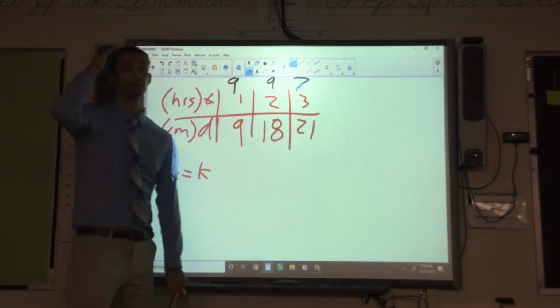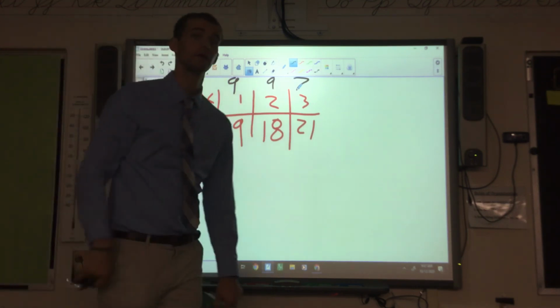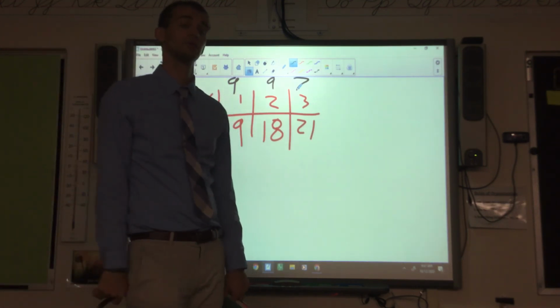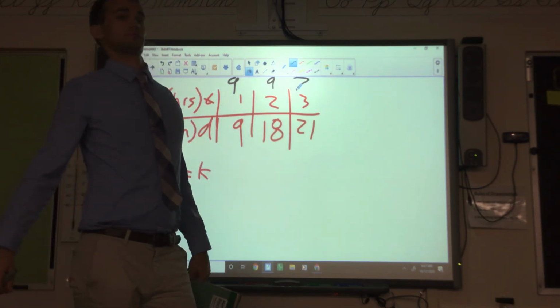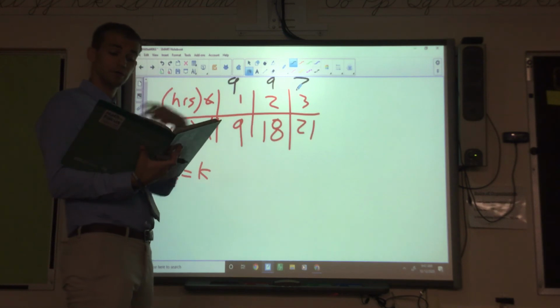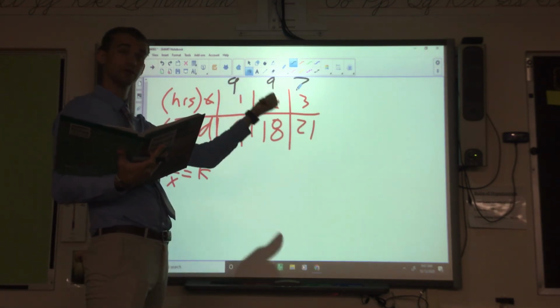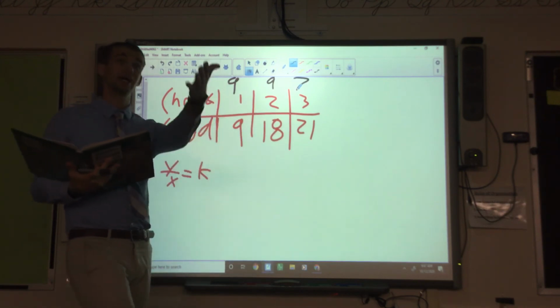So what do we automatically know right away? Think about even what the question was asking. It said, tell whether D is directly proportional to T. Is D directly proportional? It's not directly proportional.